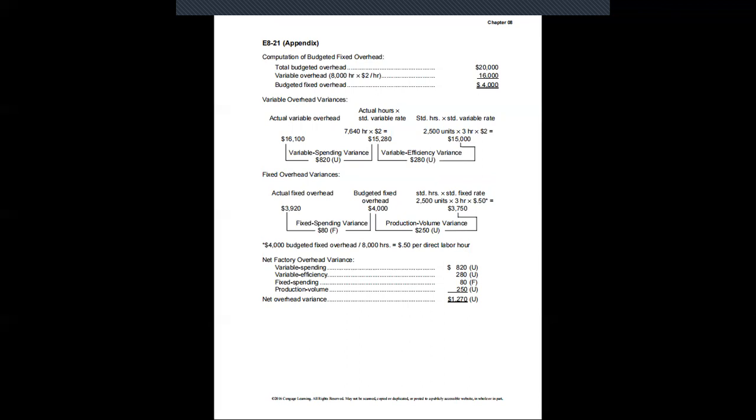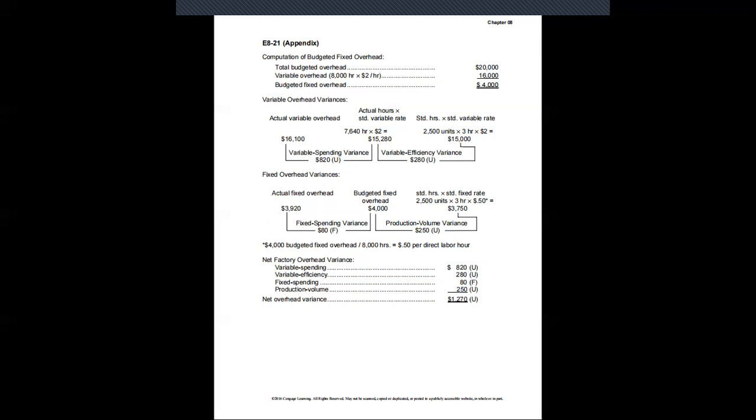The total overhead budget is expected to amount to $20,000. Standard cost for a unit of the company's product estimates the variable overhead as follows: 3 hours at $2 per direct labor hour, so the variable overhead is $6 per unit.